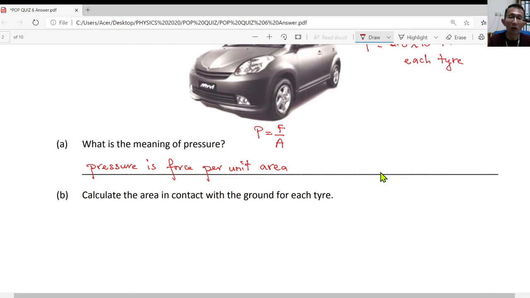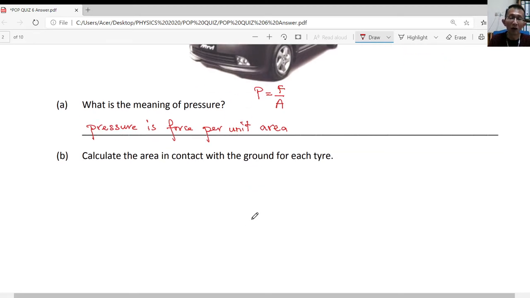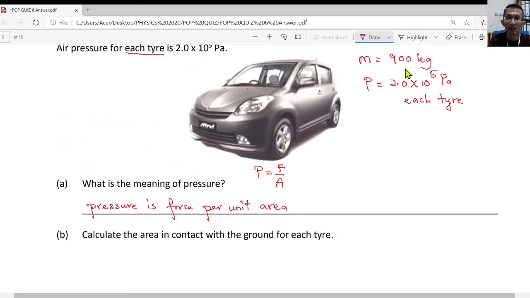So let's go to question B. Calculate the area in contact with the ground for each tire. So we are going to use pressure equals force over area, and we want to find the area. Remember up here we are given the mass is 900 kilogram, pressure of each tire is 2.0 times 10 to the power of 5 Pascal. So we are going to analyze this systematically. We assume that this mass of 900 kilogram will be distributed equally.